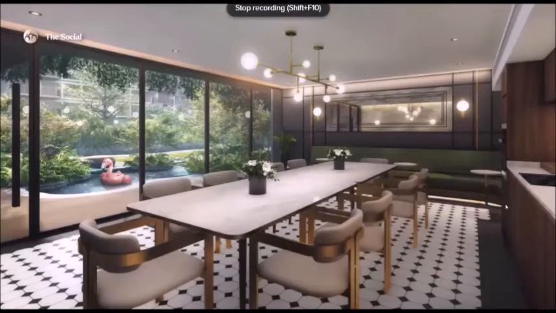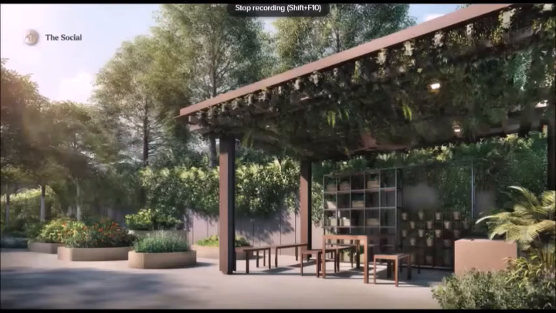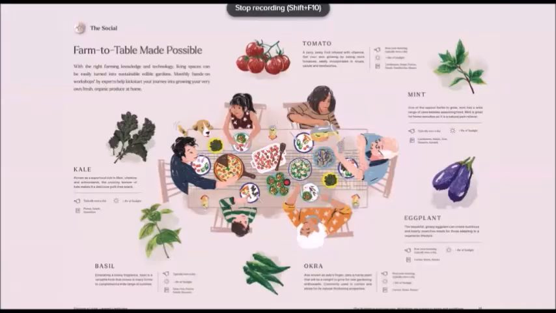Right, and then this is actually a savory garden where your clients are able to have their own gardening of these different species that the developer has shortlisted: tomato, mint, eggplant. Of course, in time to come, who knows? 5 years later, they might change to new species for this savory garden. Okay, so these are little things that you can actually sell to your clients, right?